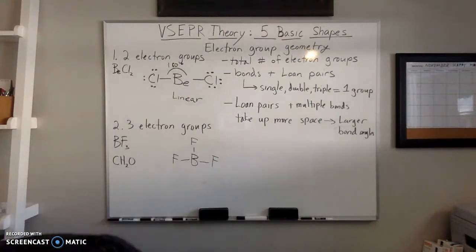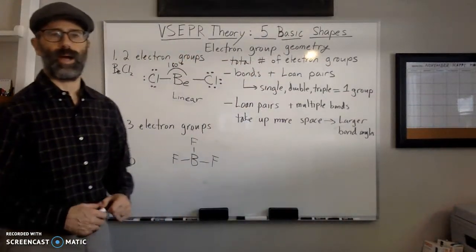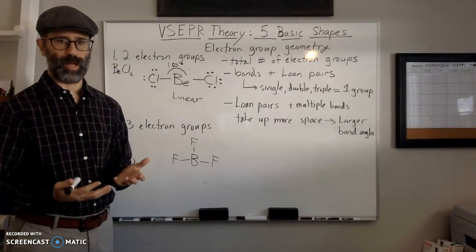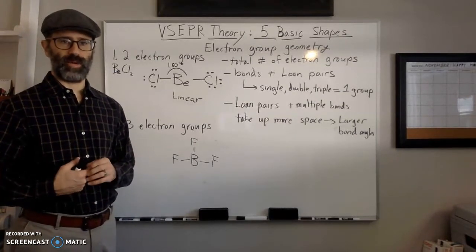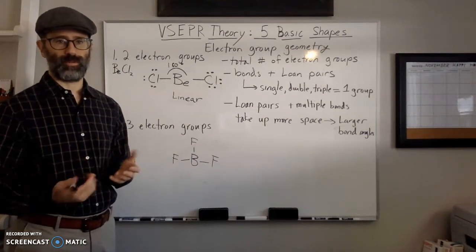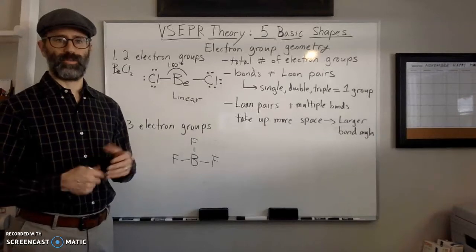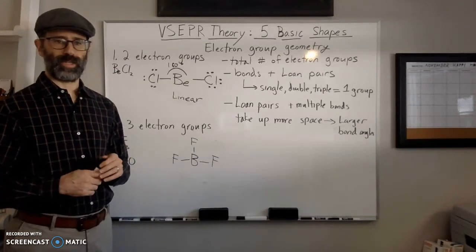One of the things I want to mention about Lewis dot structures is that the Lewis dot structure is not necessarily going to show you the shape of the molecule unless you draw it that way, but you don't need to draw it that way. Lewis dot structures are not meant to show you shapes. The Lewis dot structure just shows you the connectivity of the atoms, the lone pairs, the bonding pairs, stuff like that.